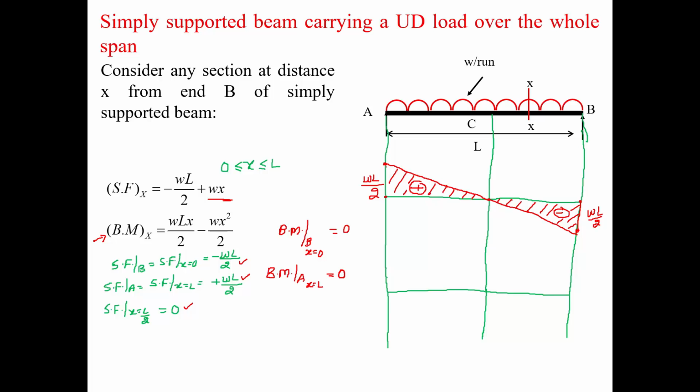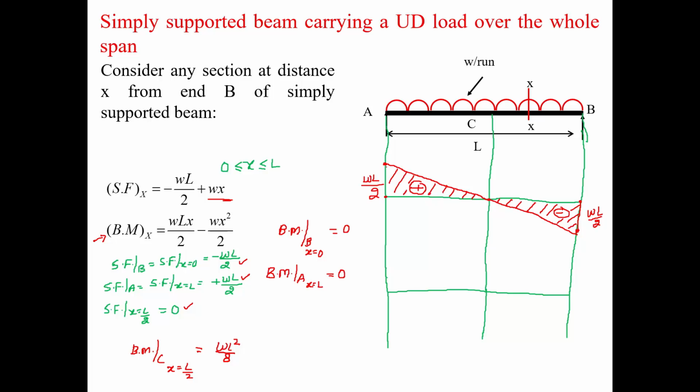So if I do the calculation for bending moment at point C, means x is equal to L by 2, it will come out to be WL square by 8.